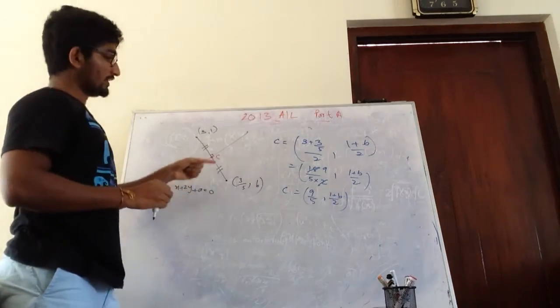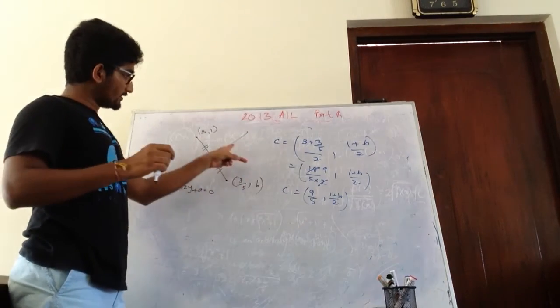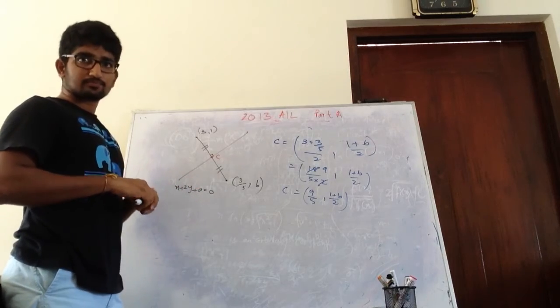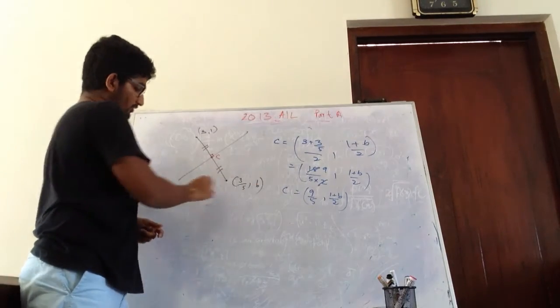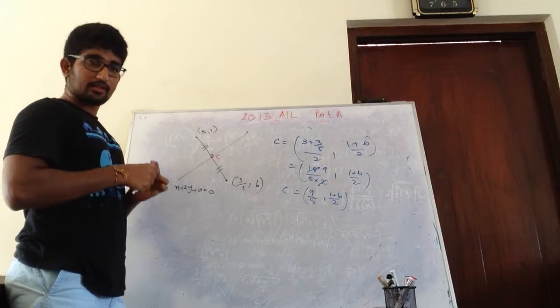Right? So basically this point lies on this line, so this point should satisfy this line.